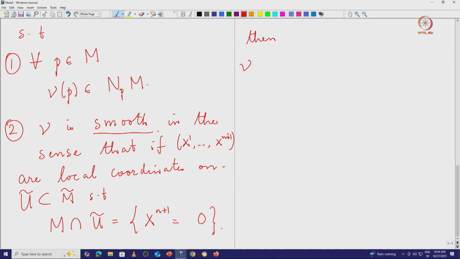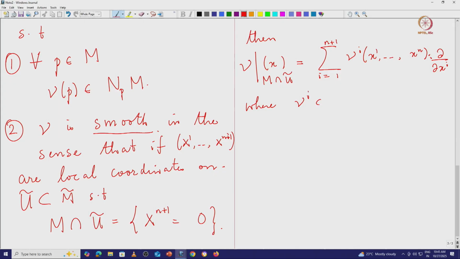So then I want my normal field restricted to M intersected with u tilde, at a point x, to be of the form summation i going from 1 to n plus 1 of nu i, whose components depend only on the first n coordinates, because the first n coordinates give you coordinates on M intersected with u tilde, times del by del xi, where each of these nu i's is a smooth function on this intersection.